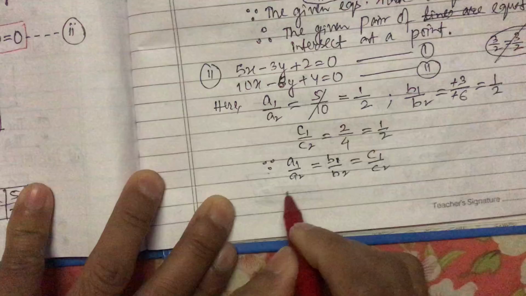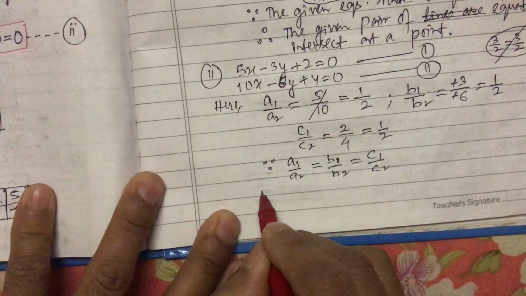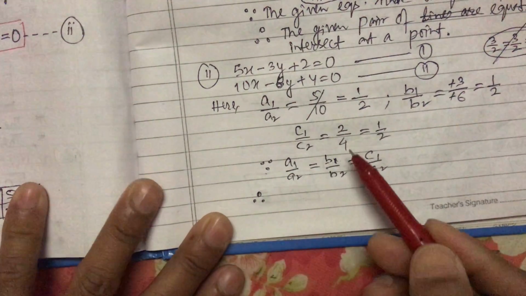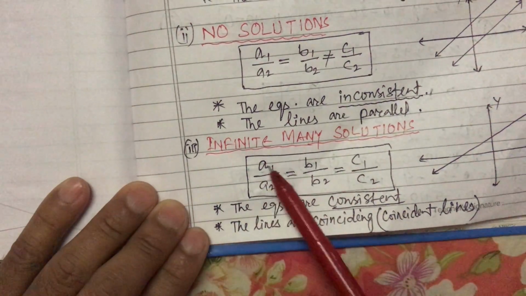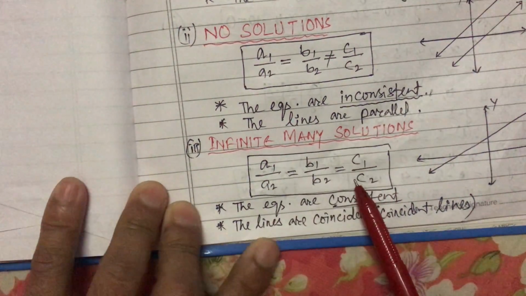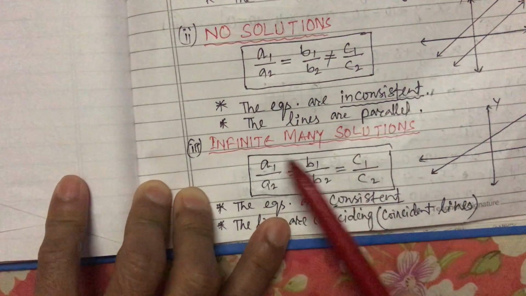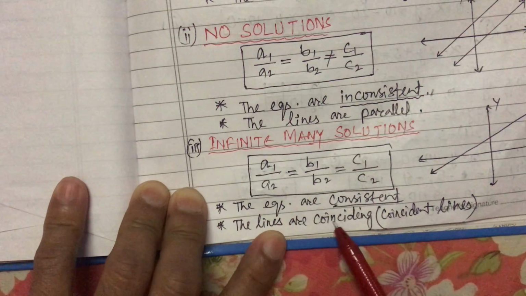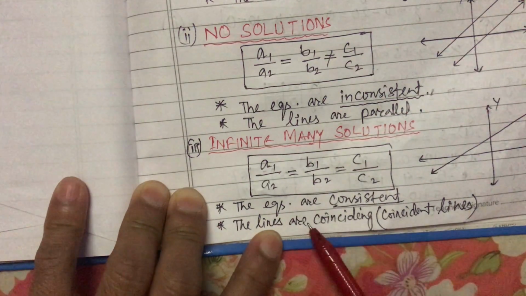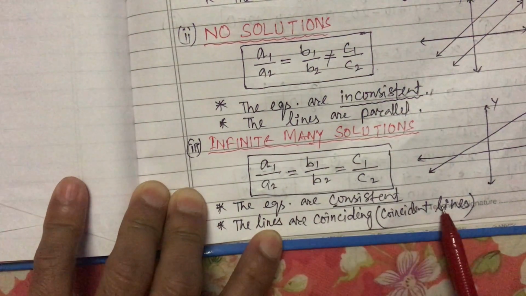So I can write, therefore, so this, when all three are equal, if you remember the condition, when all three are equal, a1 by a2, b1 by b2, c1 by c2, if all are equal, what we call infinite many solution, consistent or coincident. No? Lines are coinciding or coincident lines.